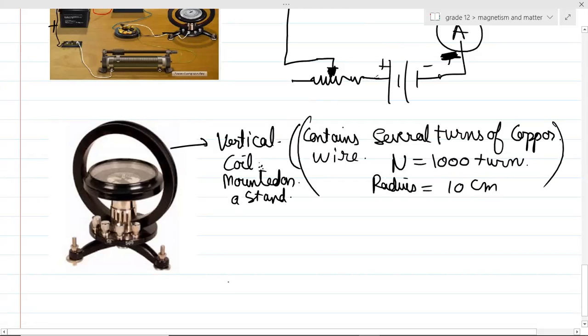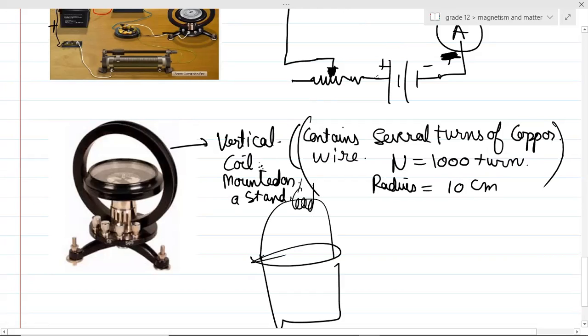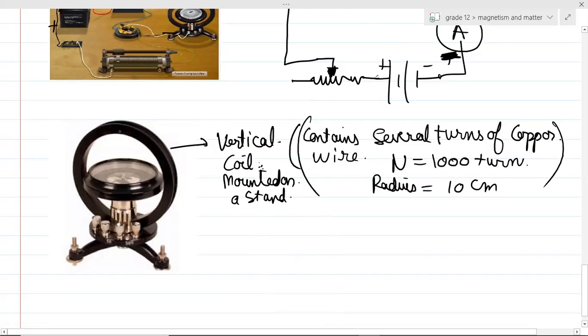No. If this is the bucket and this is the handle, then you hold it like this, right? So just hold this coil like that, and if you rotate your hand, then this coil can rotate about this axis, right? Can you see this is the stand which I was talking about? And can you see when I try to rotate it, this whole thing can rotate?